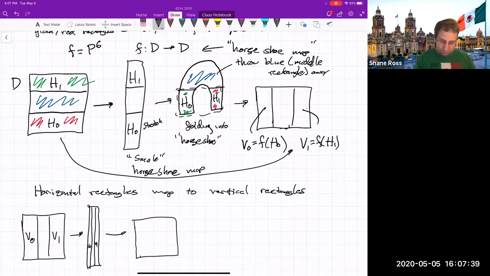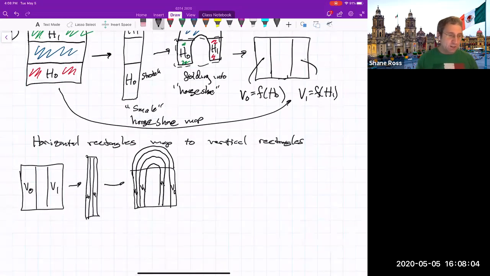What will happen? Wow, we've got a whole bunch of little skinny rectangles to deal with here. All right, V0, V1, V1, V0. That's hard to see, I'm sure.